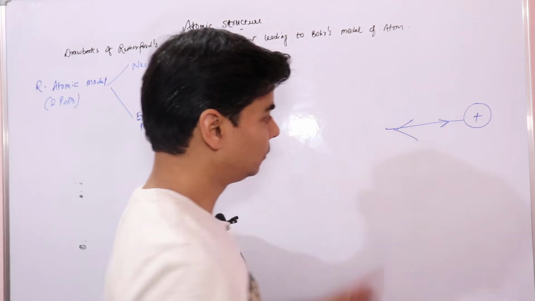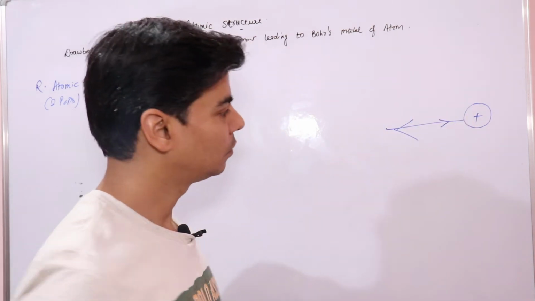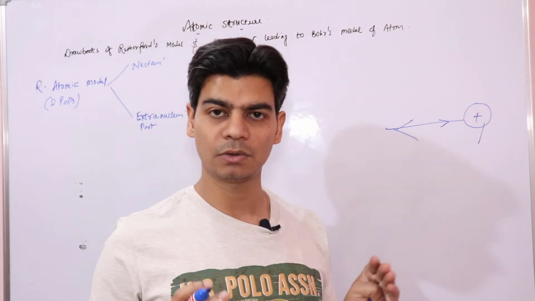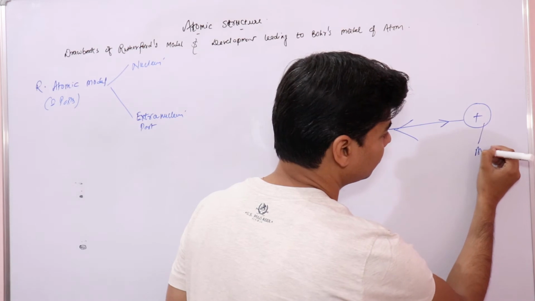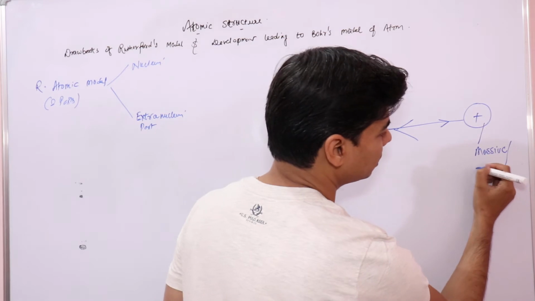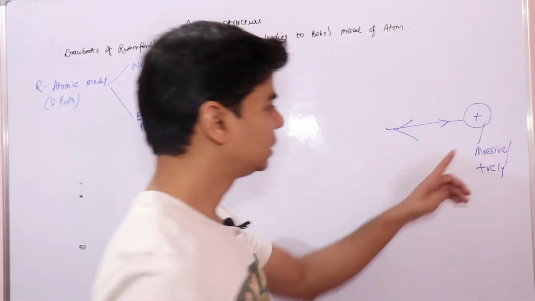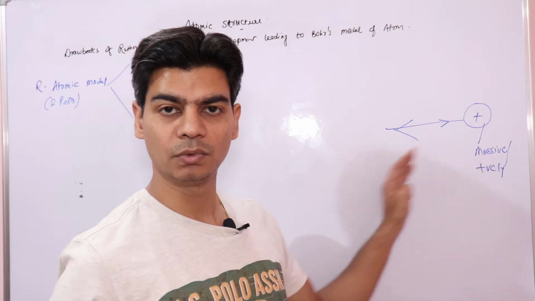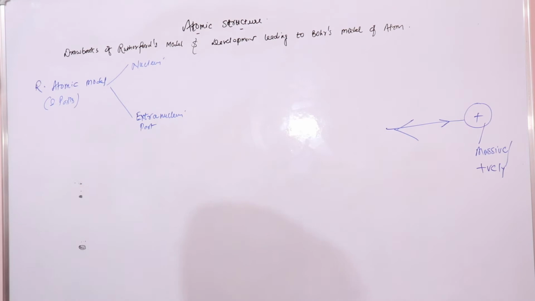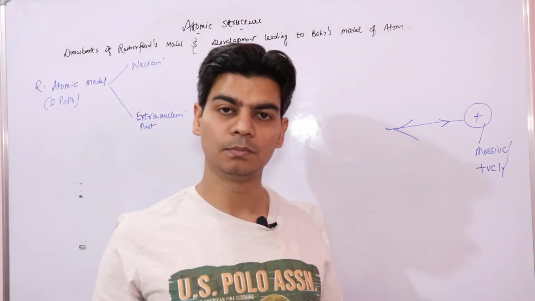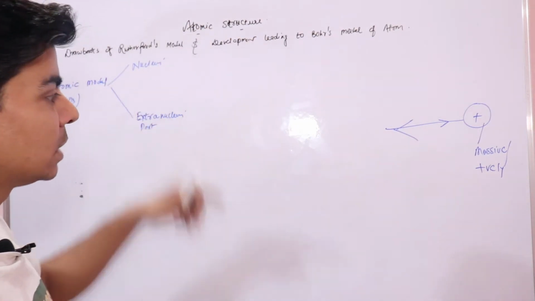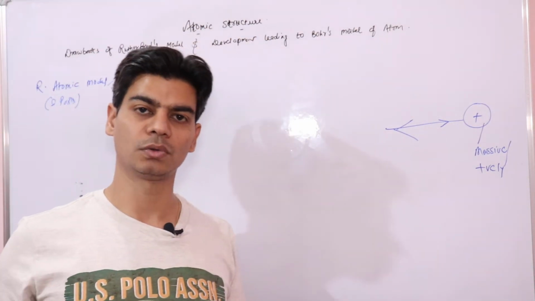So using this observation, he concluded that this positively charged part of the atom is massive, and it's positively charged because the alpha particles retraced back or bounced back, right. So this was one of the important contributions of Rutherford model, that he discovered the nucleus, and it is the nucleus that contains protons and neutrons.